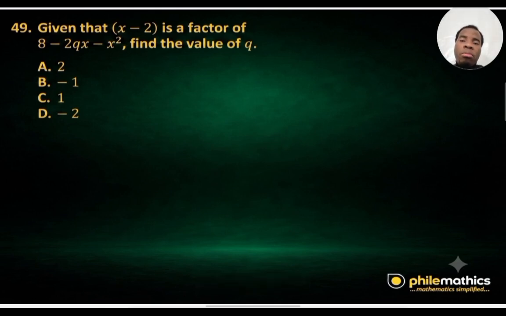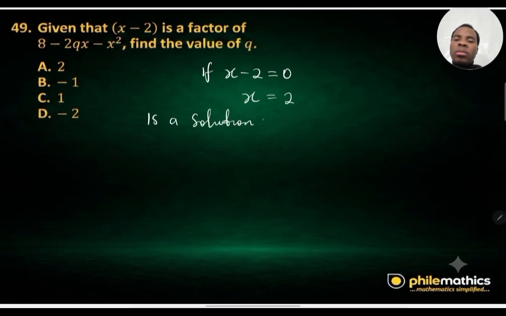We know from solving quadratic equation, if x minus 2 is a factor of 8 minus 2qx minus x squared, it means x minus 2 equals 0 and x equals 2 is a solution to 8 minus 2qx minus x squared equals 0.